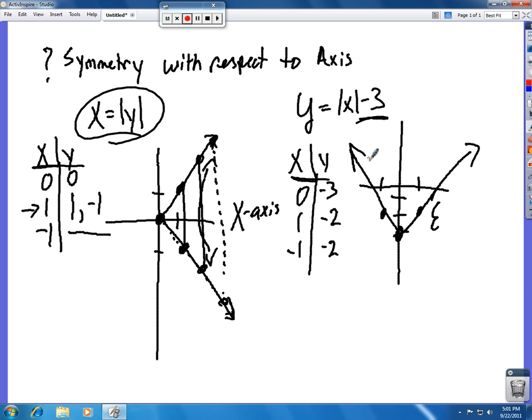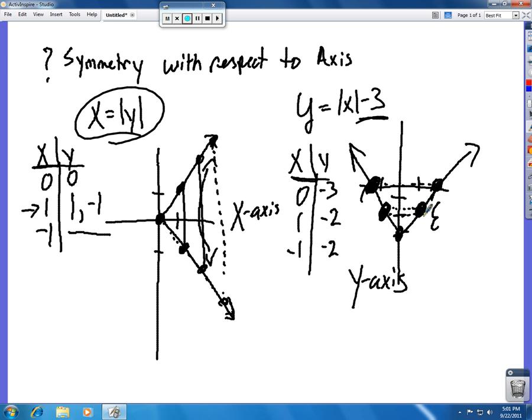And now the question is what axis does this have symmetry with respect to? Well, it's going to be your y-axis, and that's because these points are directly across from each other. Or you can also think of it as this point and this point, they have the same y value.